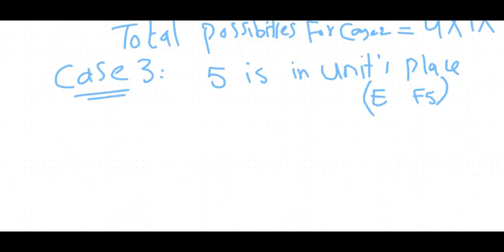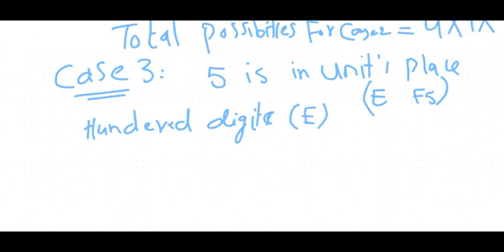So for the hundreds digit, E, we have the 6, 7, 8, 9 possibilities. It becomes 4 possibilities over here.